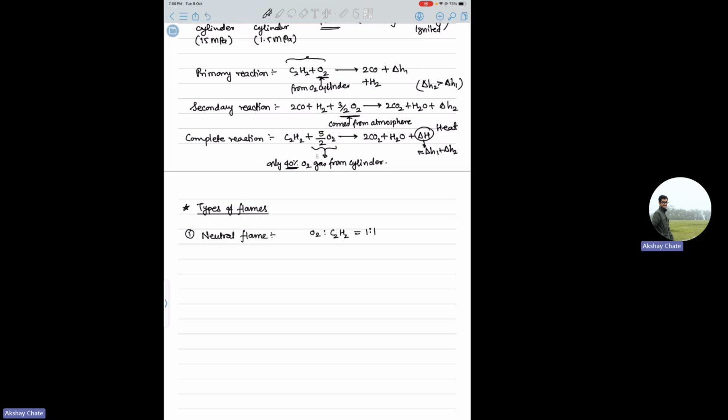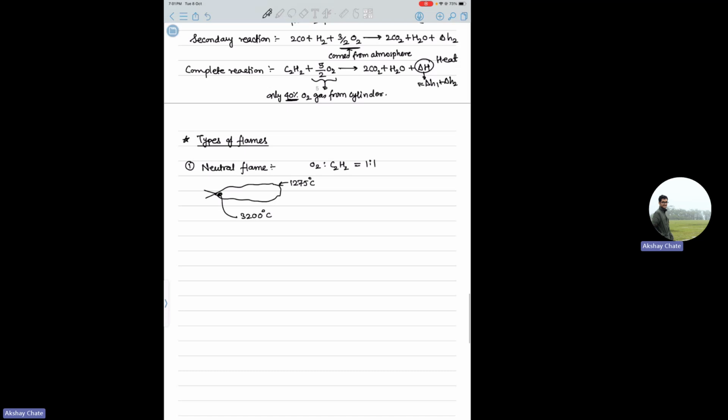From the nozzle you'll see a flame like this, not exactly like this, but the temperature will be around 3200 degrees Celsius, whereas on the periphery you will get around 1275 degrees Celsius.